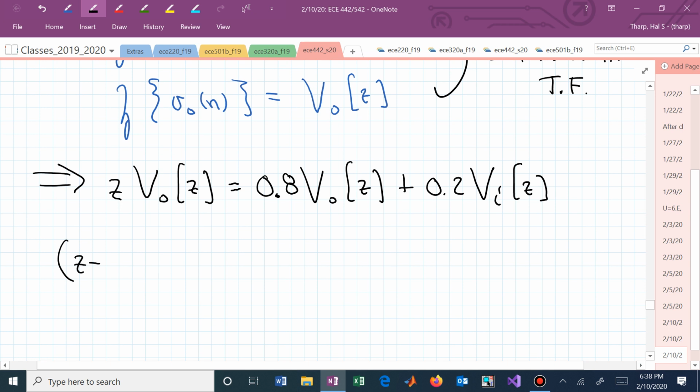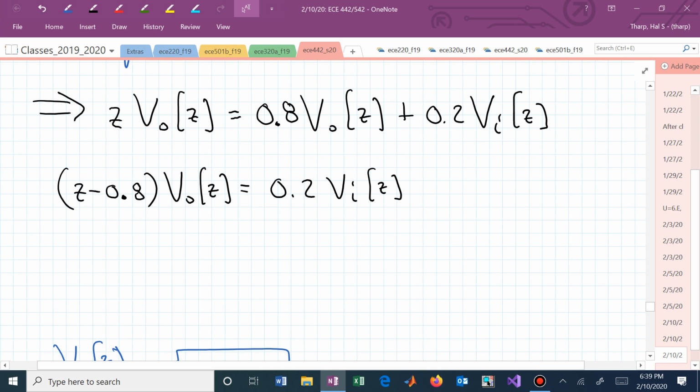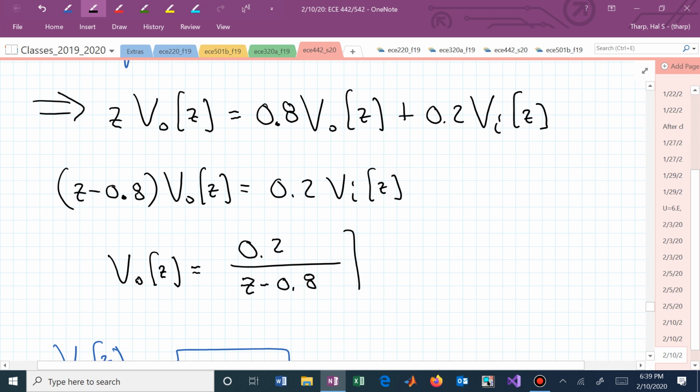Or we can combine the output variable terms, and the input is just one term, and we end up with V sub 0 of z equaling 0.2 over z minus 0.8.